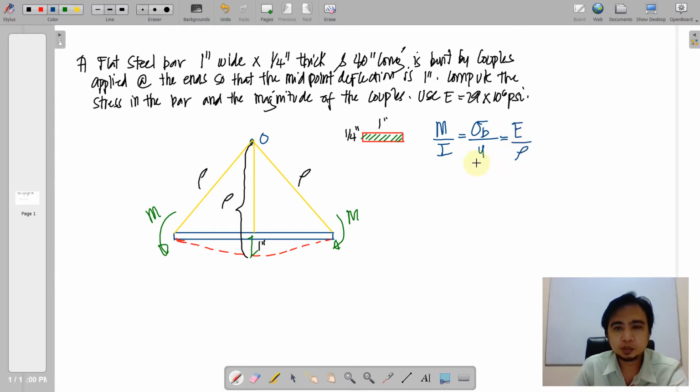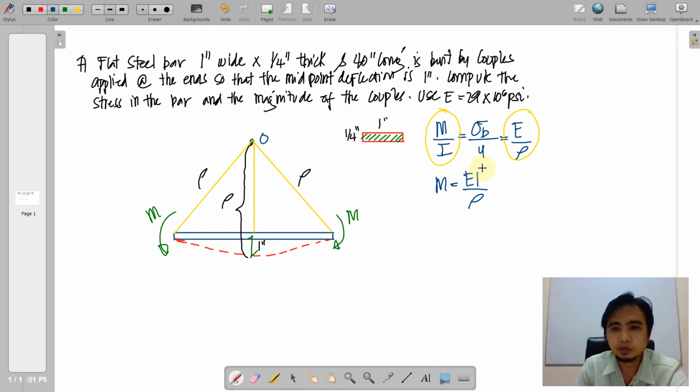What is useful here, based on the given, is to pair first these two sides of the equation so that we can solve for our applied moment couple. Say our moment is equal to EI over rho.